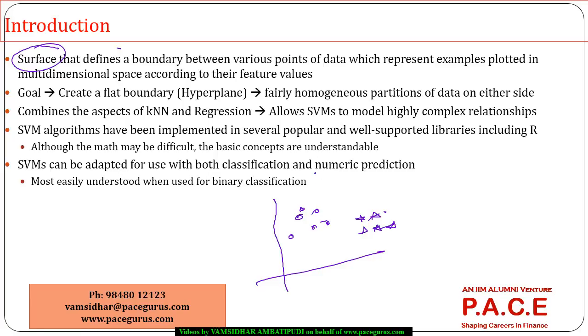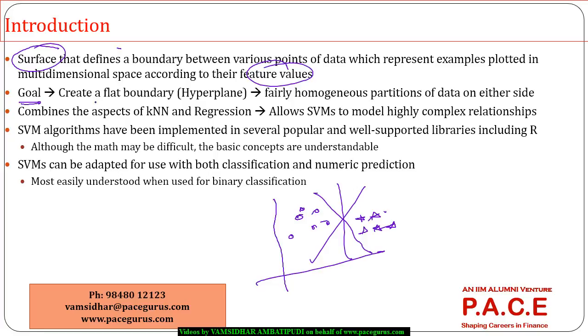We are defining a boundary between various sets of points, and there are different ways in which I can define the boundary. I am defining a boundary between various points of data according to the feature value. We have the various data plotted, and I am trying to segregate the different kinds of data by drawing boundaries across the various elements.